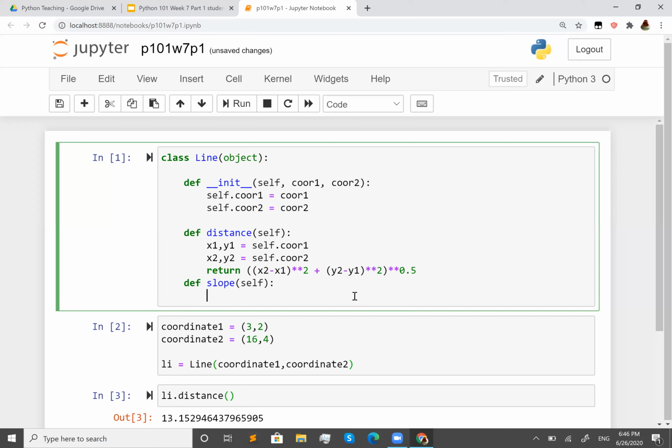It's based on the distance thing I just did. So all you have to do is take what I wrote, change it a little bit according to the thing. So you want me to do x1, comma y1? Yeah, that one.